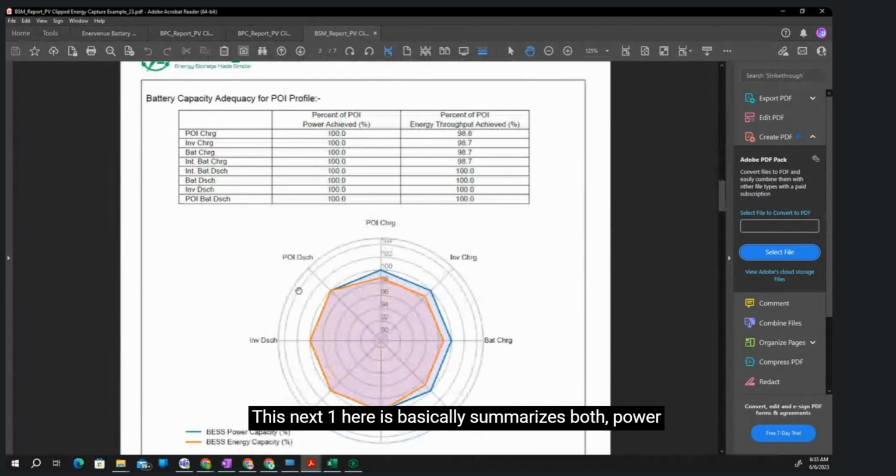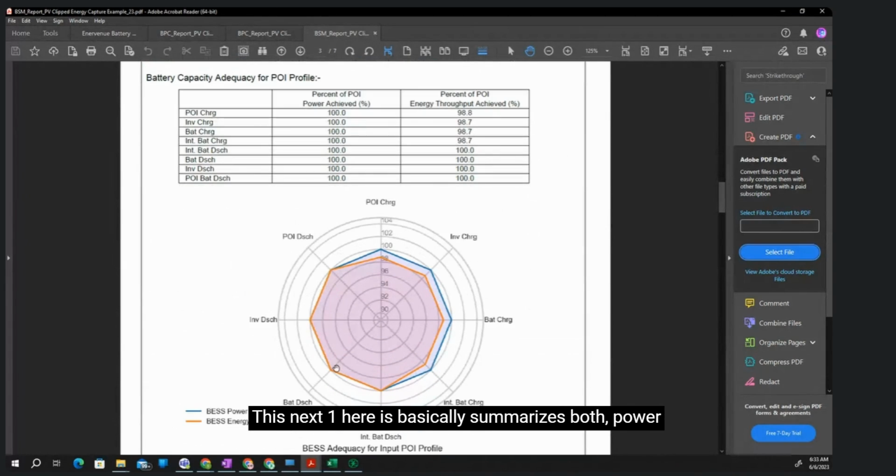This next one here basically summarizes both the power adequacy and the energy adequacy of this battery system. The orange here is energy and the blue is power, so you can see the blue is 100% all around. And just briefly, these different axes are POI, inverter, battery, internal to the battery.